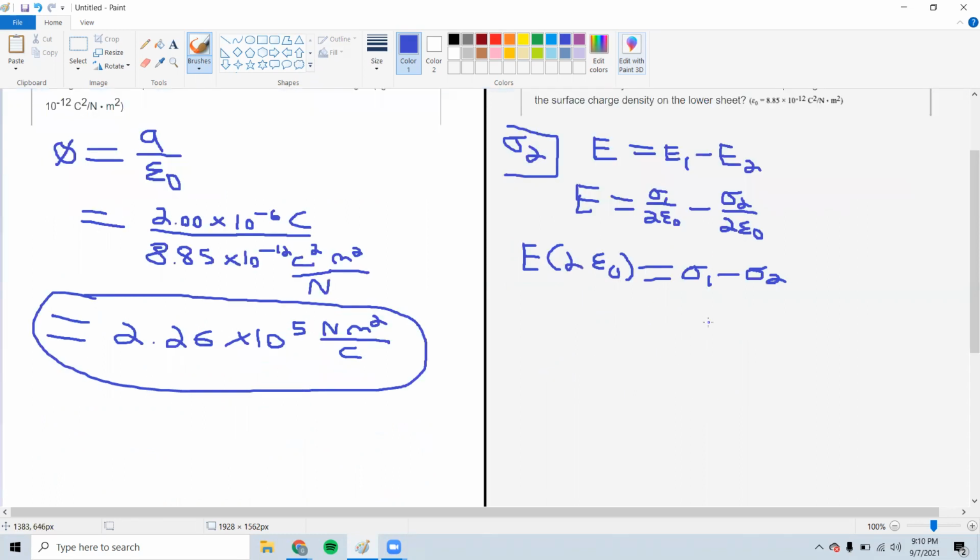From here, it's pretty simple: you just add sigma sub 2 over and subtract this onto the right side. So sigma sub 2 is equal to sigma sub 1 minus 2 times the electric constant times E.